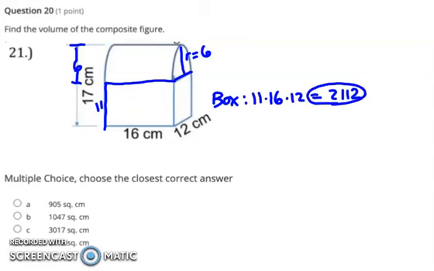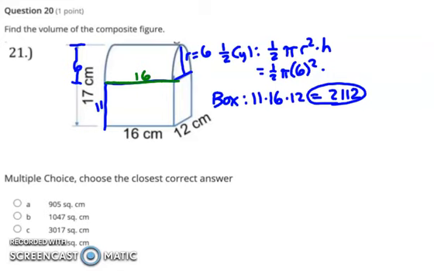Okay, the half cylinder is going to be 1/2 of the cylinder formula. Okay, so that's 1/2 pi. R is 6. The height of the cylinder is this right here, which is 16. Okay, and we're just going to punch that in and get our answer.